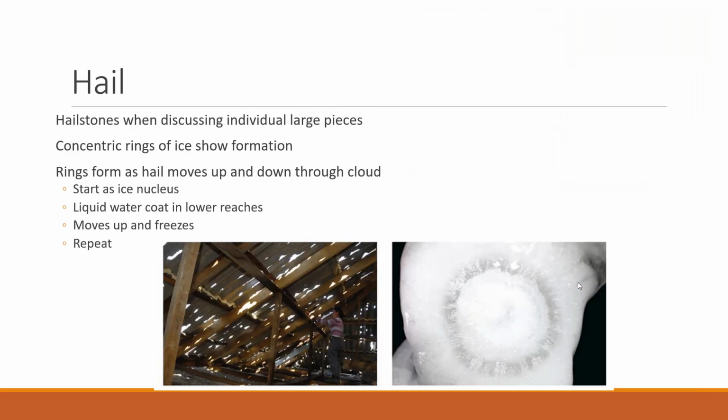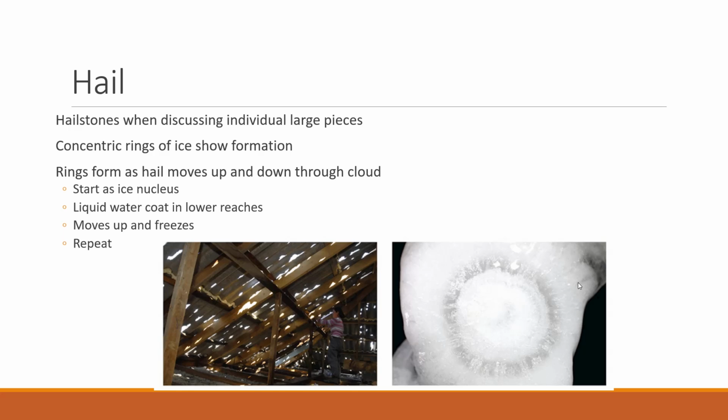Hail is another thing that happens during storms. So hailstones are an individual large piece of hail. These are basically concentric rings of ice that will grow. So what happens is that you start off with an ice nucleus, so we have that frozen ice pellet high in the cloud. It will fall because the updrafts can't support it.